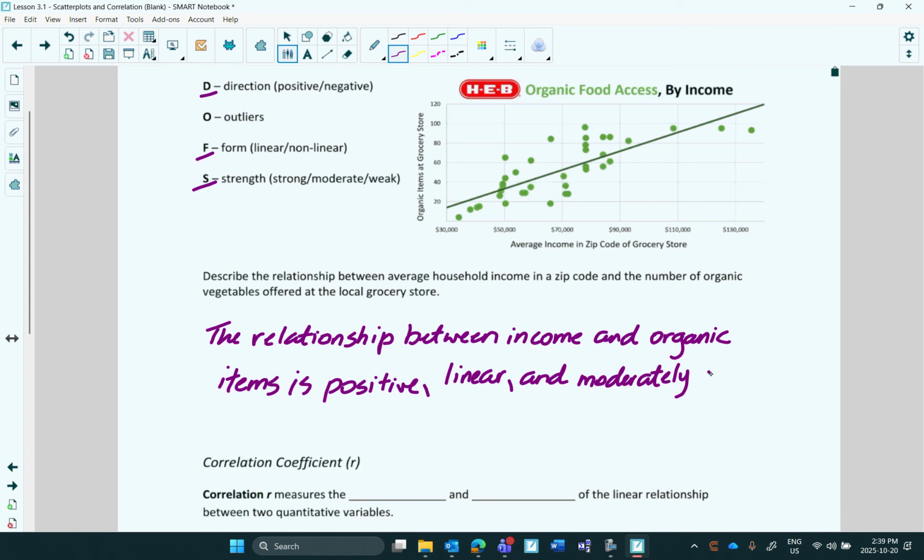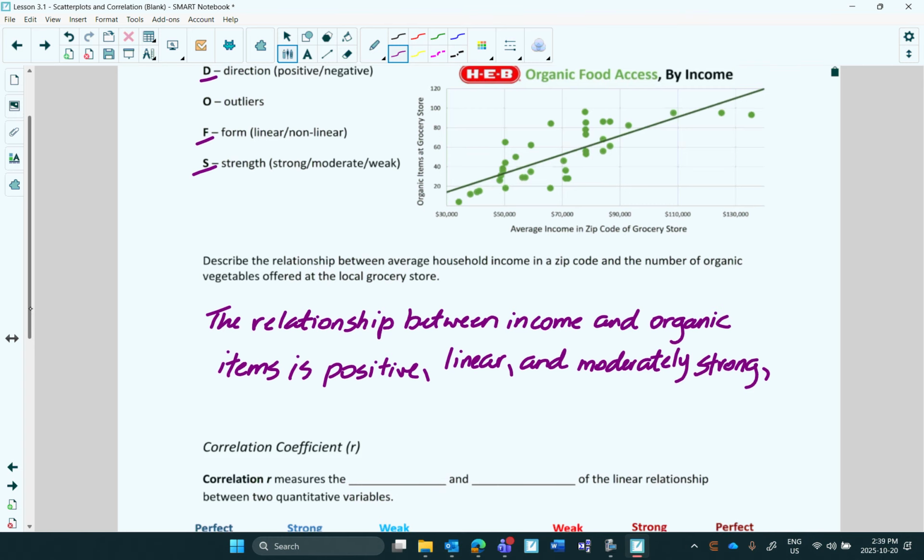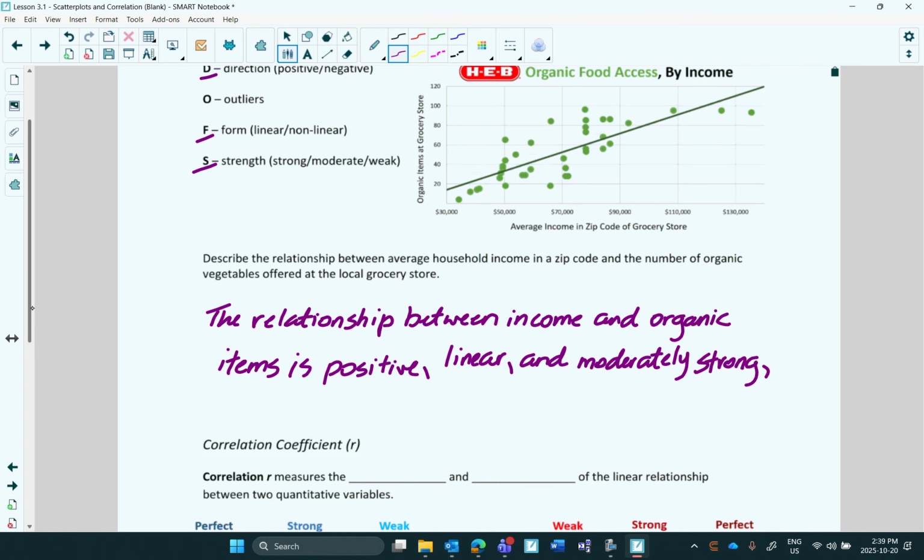And we'll talk in a second about where we can use certain words. And then actually, we can just finish it in one sentence. Any outliers that appear to you? Now, remember, when we talk about outliers, we're talking about the distance from the regression line.